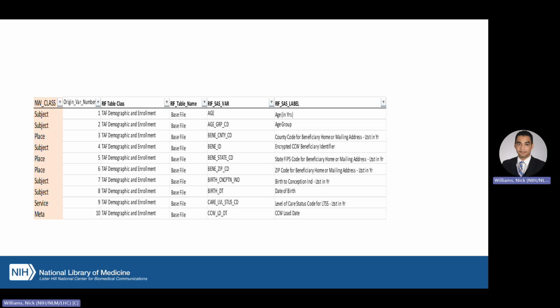You can see Beneficiary County Code was actually a place category or class. And there are a few others, including meta. So the date that Chronic Conditions Warehouse loaded the table into the VRDC for us to use, there's a date there and it was marked as meta. So you can think about how drawing candidates within these super hierarchical categories might be helpful.